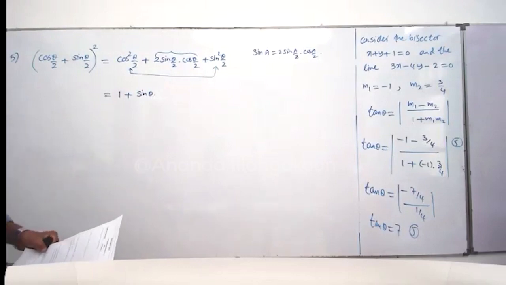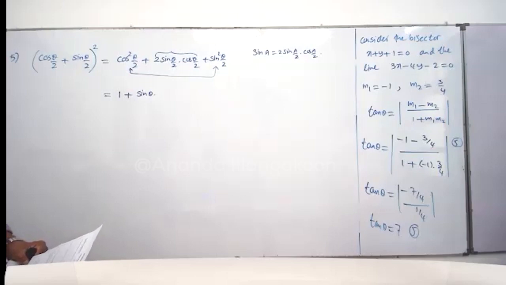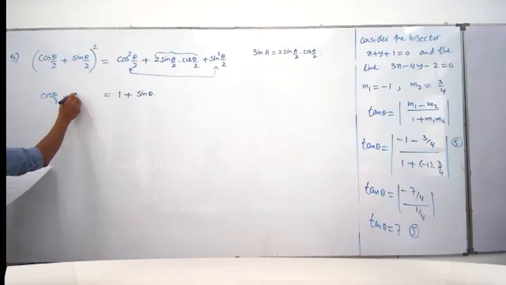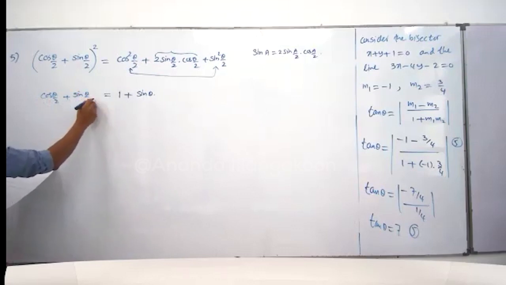Now, take the answer this. Hence, show that cos pi by 12 plus sin pi by 12 is equal to this. Right now, cos theta by 2, sin theta by 2.